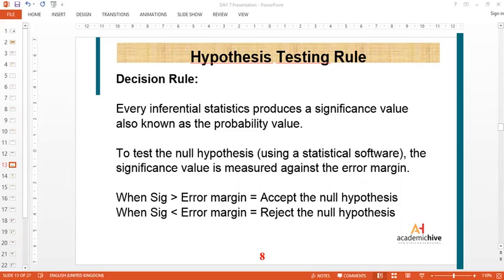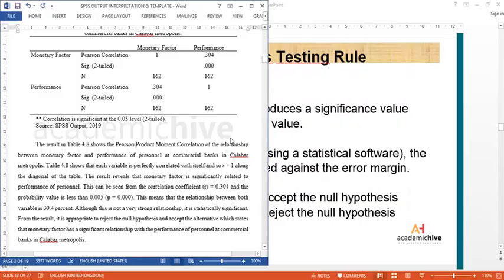So let's see if that is what that researcher did. Did the researcher reject the null hypothesis? Let's see. All right, great. So let's look at this report right now. The candidate then said, although this is not a very strong relationship, it is statistically significant.